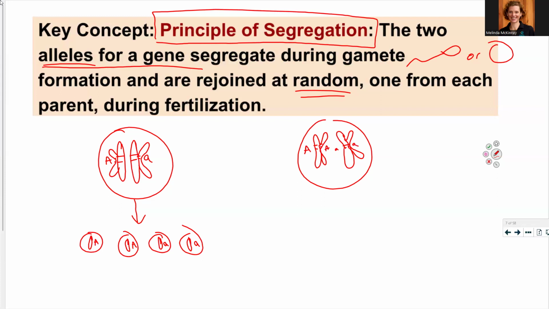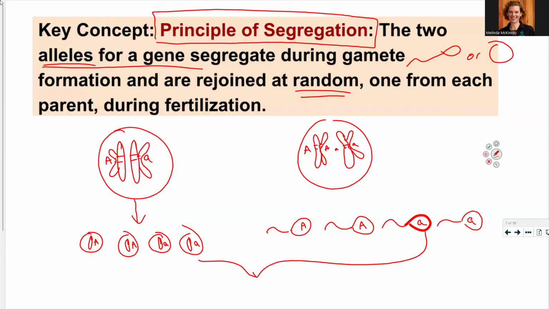Then there are going to be 4 sperm formed, and again, they either have the capital A or the lowercase a, the recessive allele. And these are going to, at random, meet. That's a random process of fertilization, pretty much. I mean, we're going to say it's random. And then it's going to create the zygote, which is the next generation. So in this case, it would be 2 little a's if these 2 happen to join.